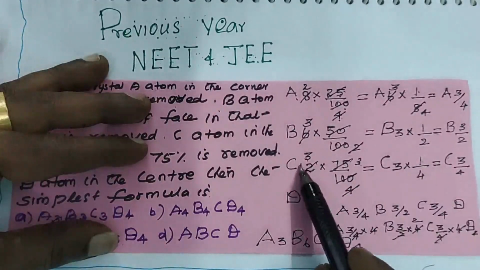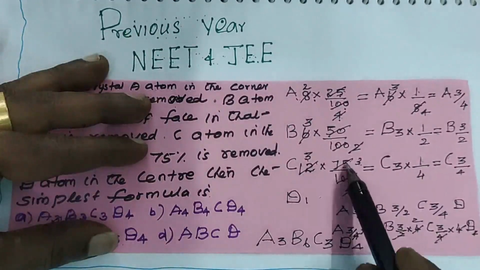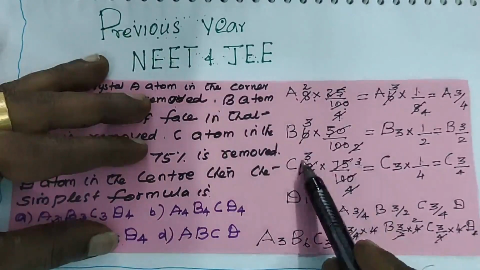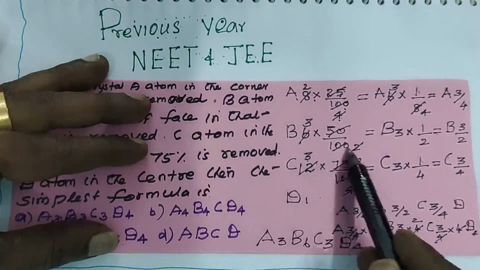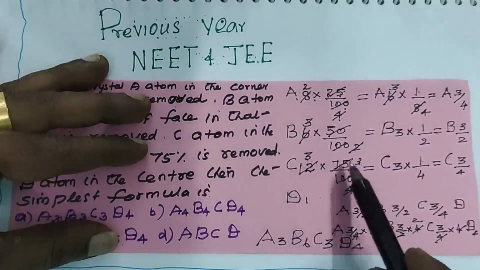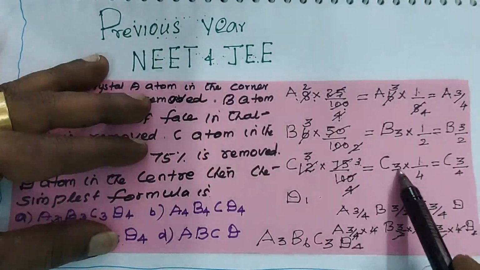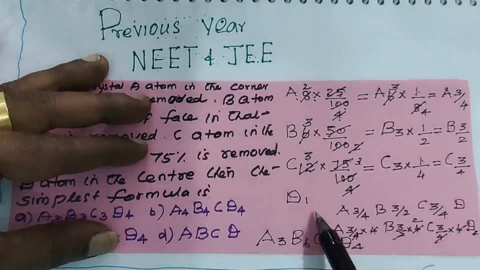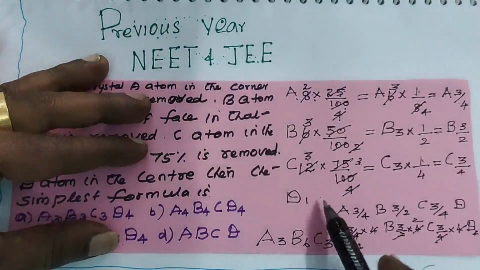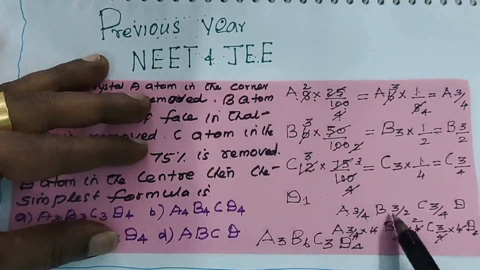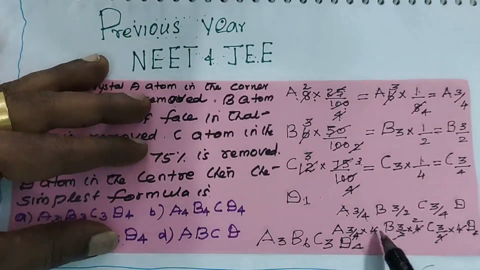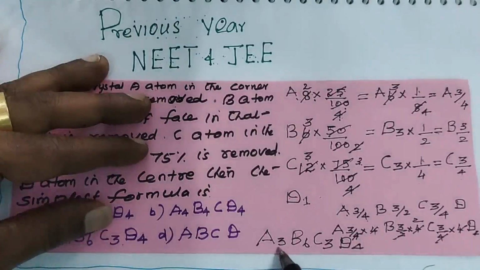C atom, 12 edges, 75% removed, so 9 removed among 12, remaining 3 into 1 by 4, so 3 by 4. D 1, the center is not shared. So A 3 by 4, B 3 by 2, C 3 by 4, D 1. Then LCM 4, multiplied by 4. So the correct option is A3, B6, C3, D4.